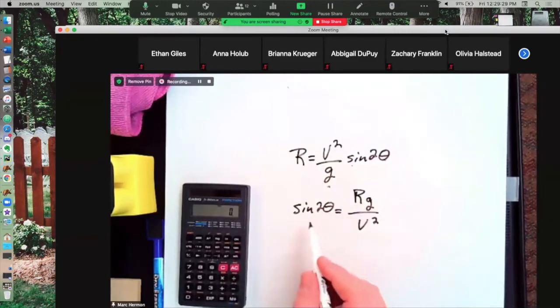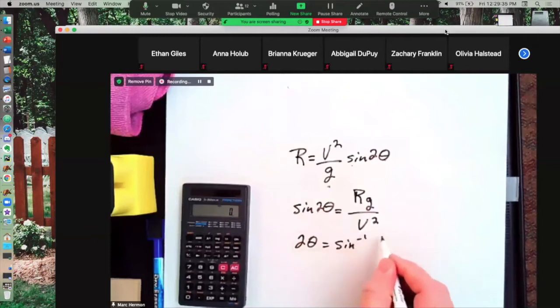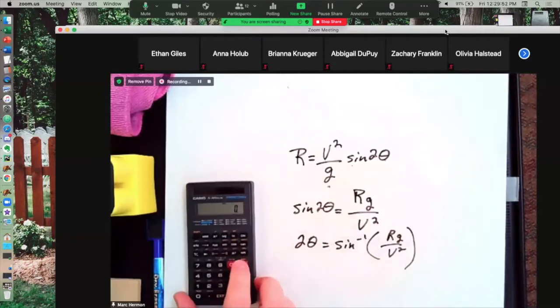Inverse sine, right? If I do the inverse sine of this, now it's going to be 2 times theta equals inverse sine of RG over V squared. And then I'm going to have to divide by 2 to get the actual angle. So I can start putting stuff in.